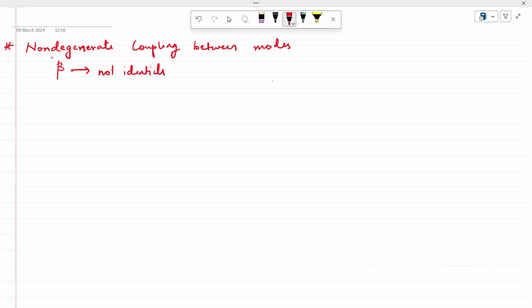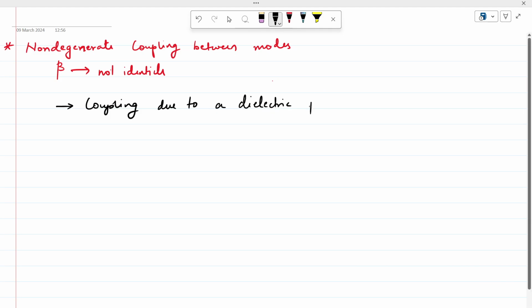So one such example is coupling due to a dielectric perturbation. Say I have a single mode waveguide.